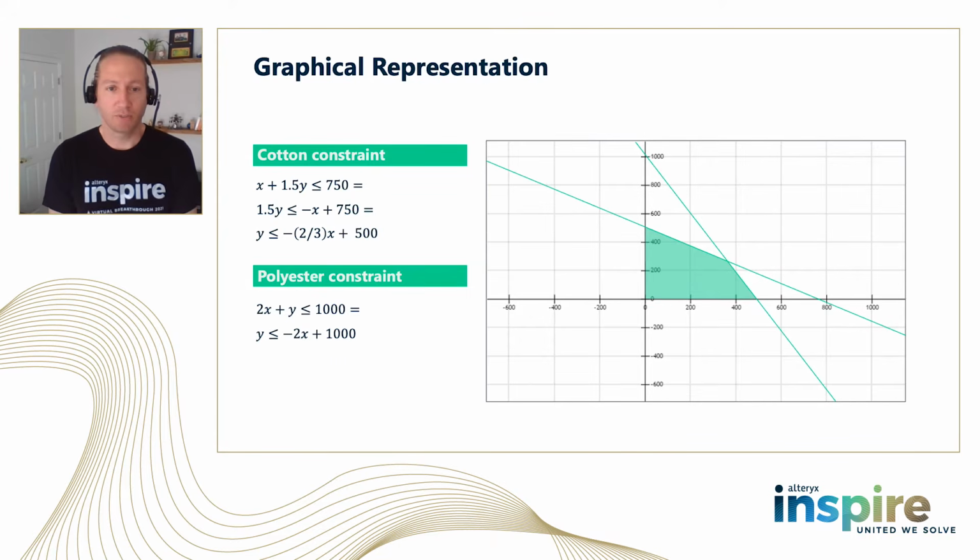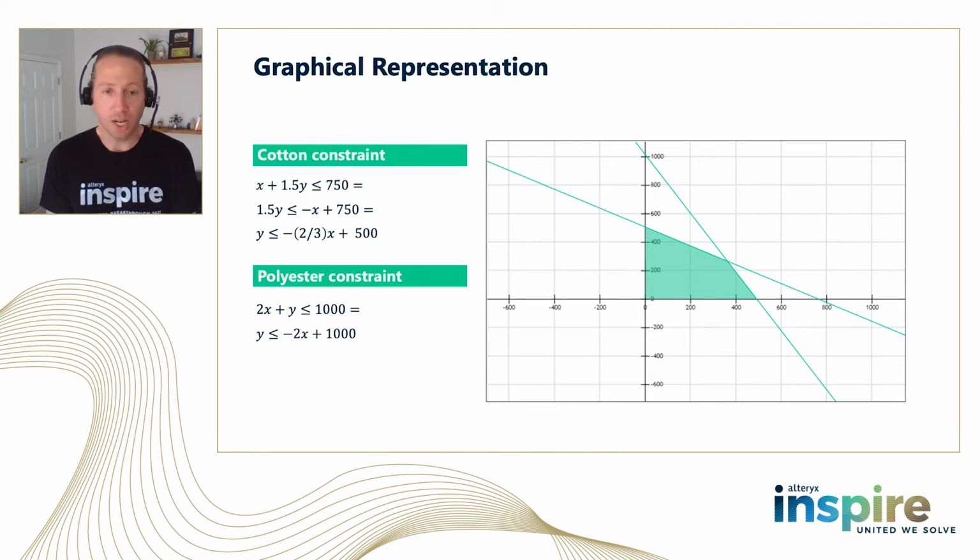Plotting that on our graph, you can see that we have now modified the green triangle that was there after our cotton constraint. And really what we've done is we've removed the right-hand portion of that green triangle. So now given our polyester constraint, we have fewer combinations of pants and jackets that we can create.